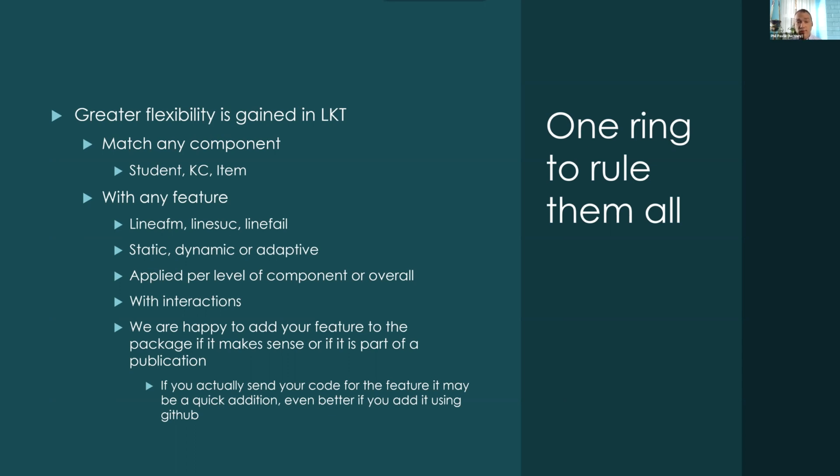Similarly, if you ask for the student and KC intercepts, and then you ask for linesuc, which stands for linear successes, and linefail, the linear effective failures, you have the PFA model. And so it becomes more transparent what that means to match them up when you see the actual code in the examples, because the code in the examples actually has a one-for-one pairing of each component with each feature.